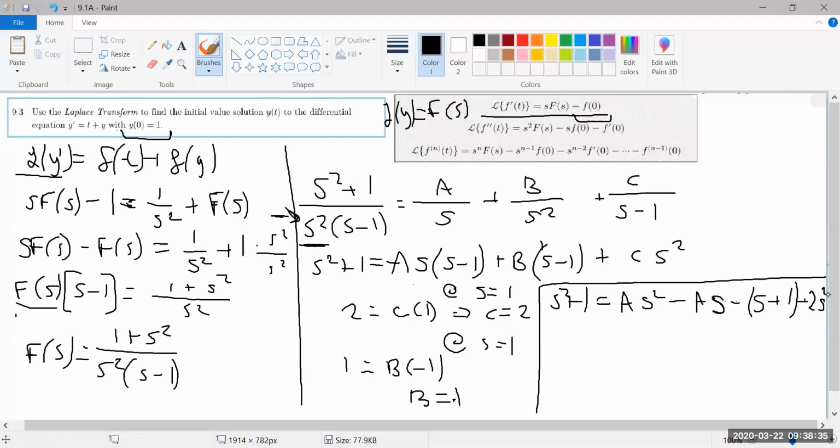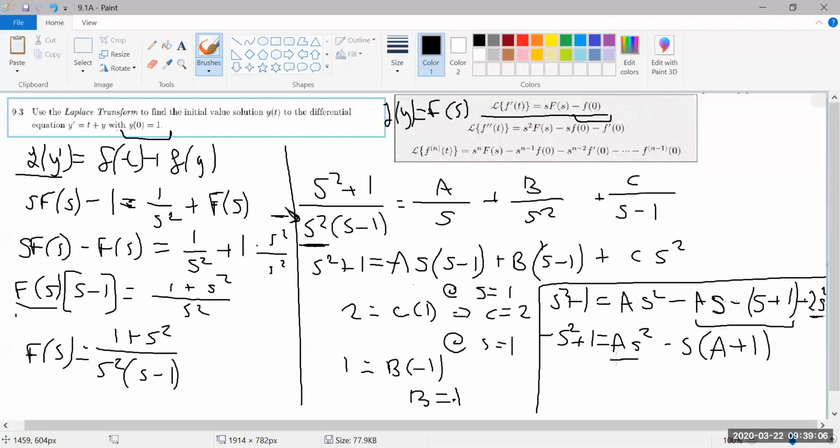So from this, we can subtract this 2 here, and we'll get negative s squared plus 1 equals a s squared. And then what I'm going to do is factor an s out of here. So I'm going to get a negative s times a plus 1.